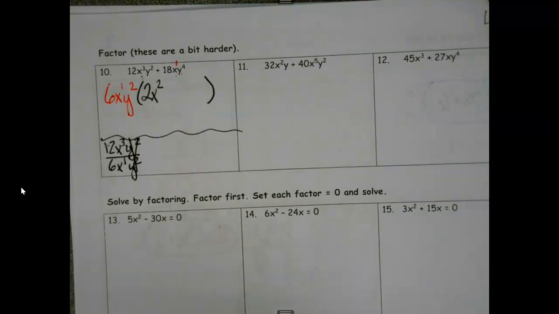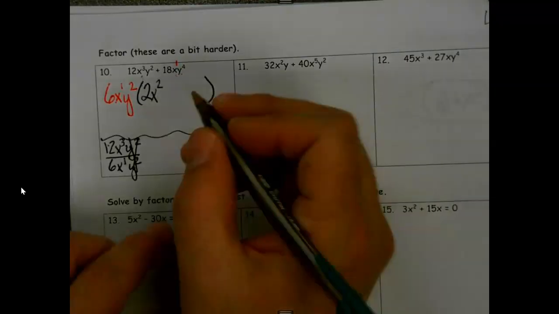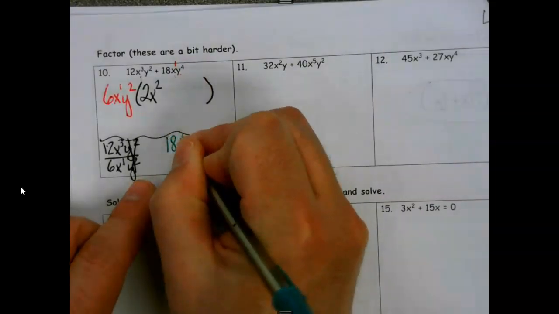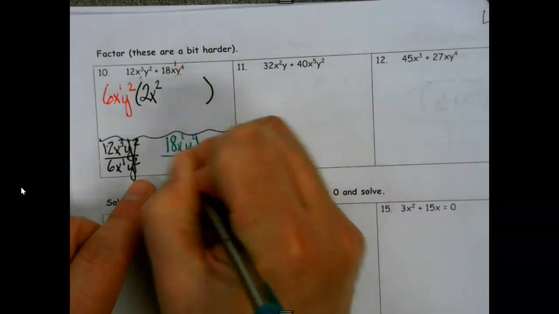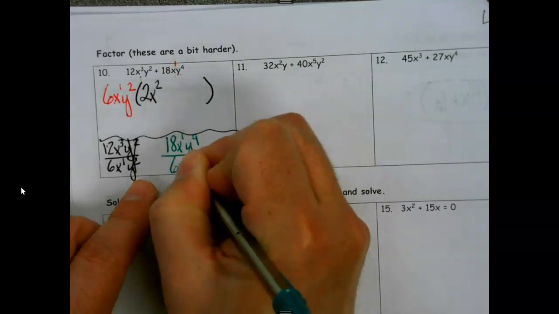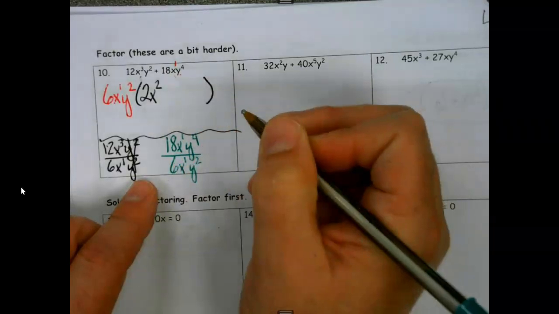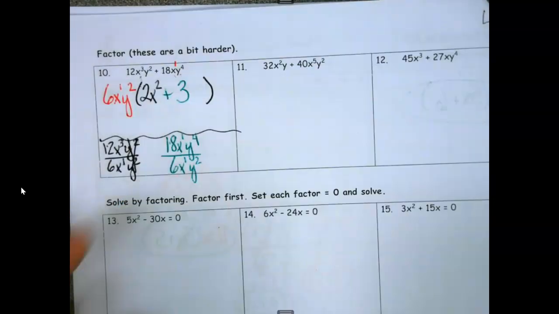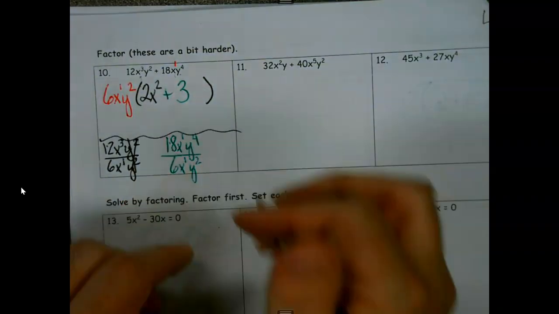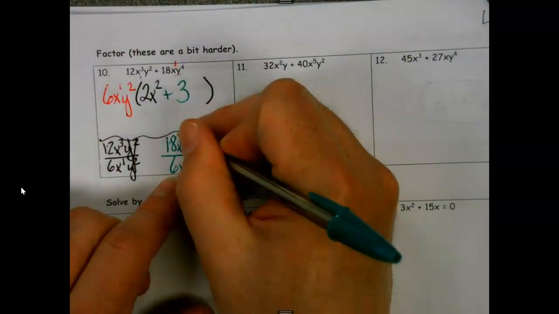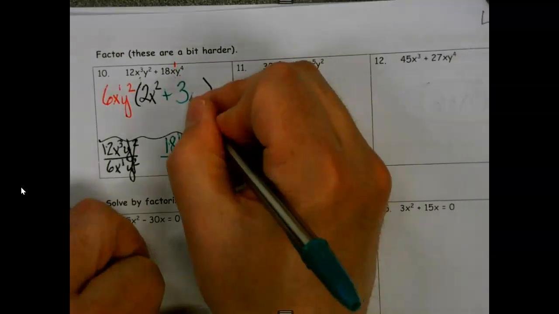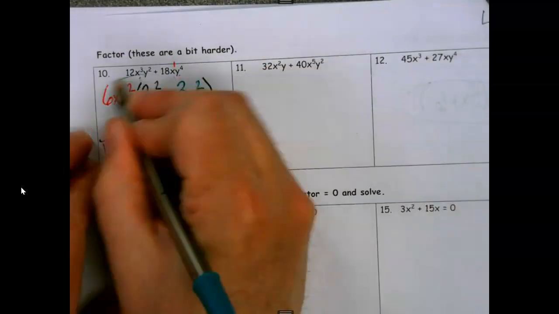Now, if you can just visualize that and do it in your head, that's fine. But if not, what I'm doing here is absolutely not a bad idea. 18 divided by 6, again, if you have struggles with that, use the calculator. 1 minus 1, x's cancel. 4 minus 2 is 2.